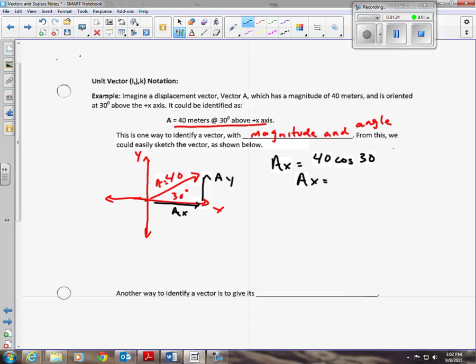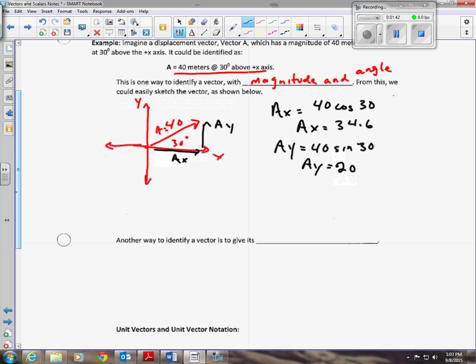So ax is equal to 34.6. And ay, I would use sine. And ay is 20. Now, like I said, those are also unique. So another way to identify the vector is to give its x and y components.